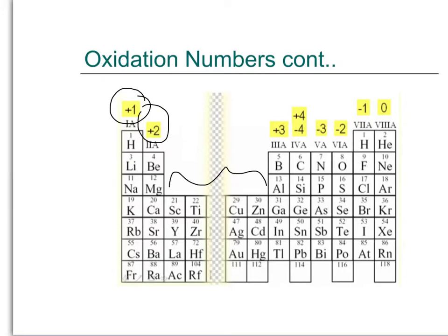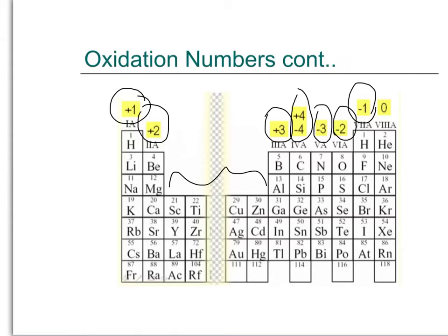Transition metals, just like normal, can kind of vary. Boron's group has +3. The carbon group can have a + or -4. Nitrogen will have a -3, the oxygen group will have a -2, the halogens will have a -1, and the oxidation number for the noble gases is 0.